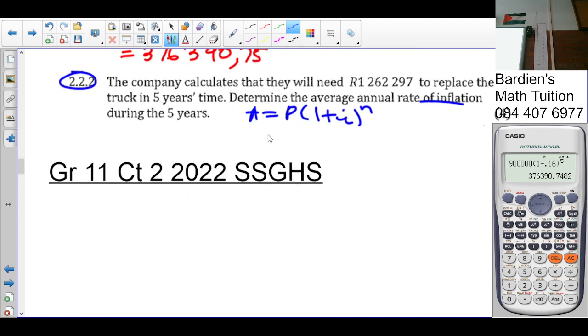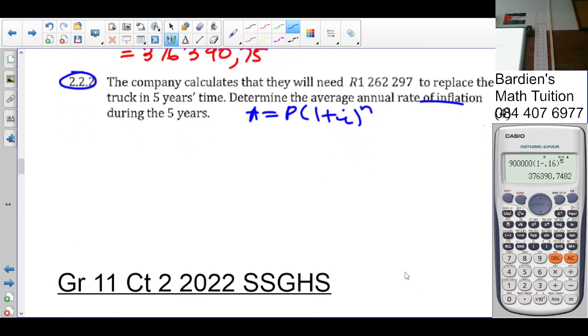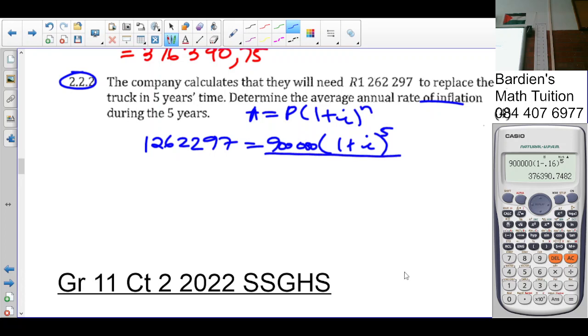They're going to end off with 1,262,297. They started off with 900,000 rand into 1 plus i. We're calculating your rate, and that is going to be for 5 years. Okay, so again we're calculating i, so we first divide by 900,000.